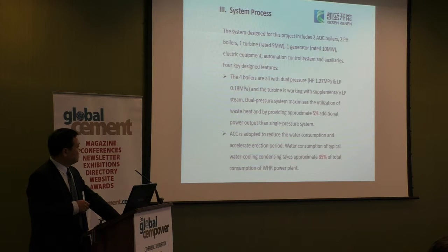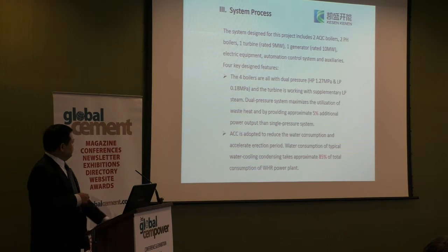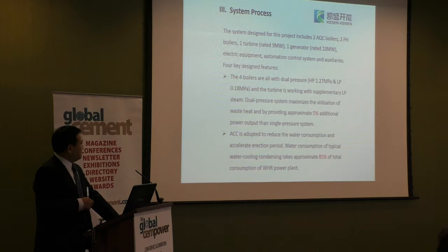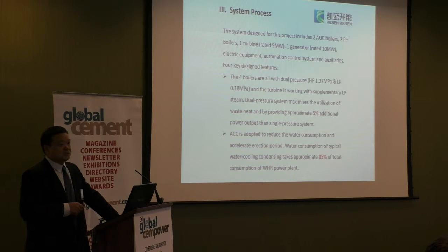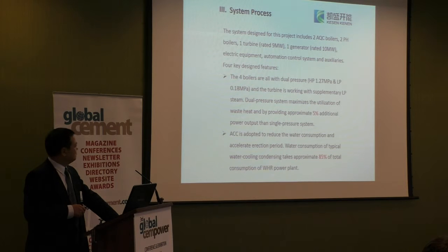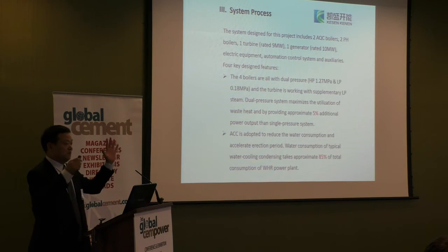High pressure is designed at 1.27 megapascal and low pressure at 0.18 megapascal. Dual pressure can maximize the utilization of the waste heat and increase the output of the system by 5%, but it causes a larger exchange area, which means increasing the weight of the boilers. These boilers are bigger.